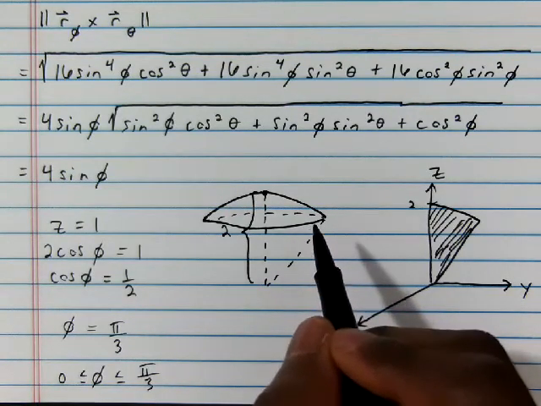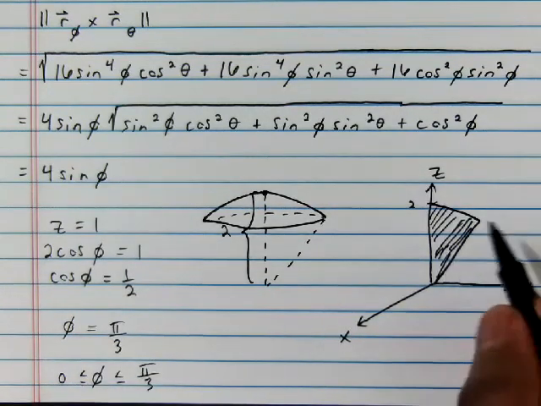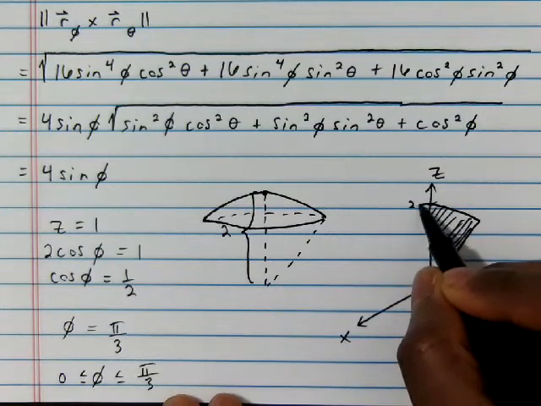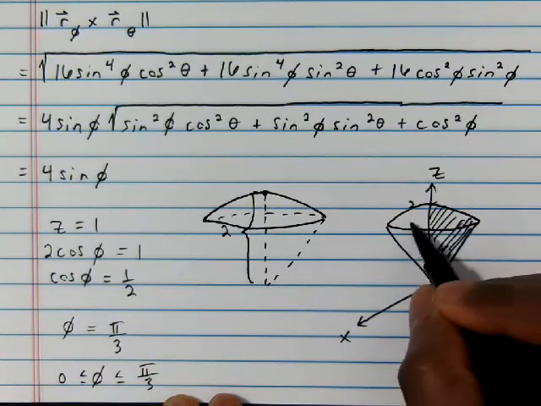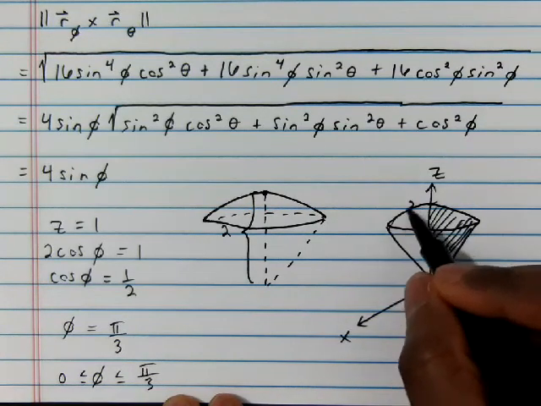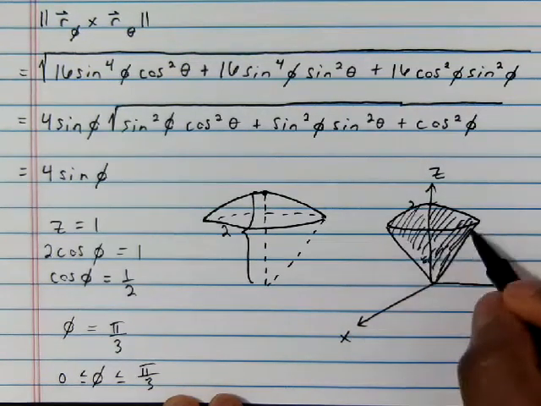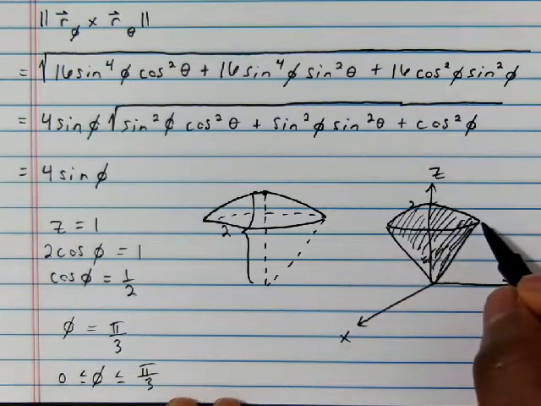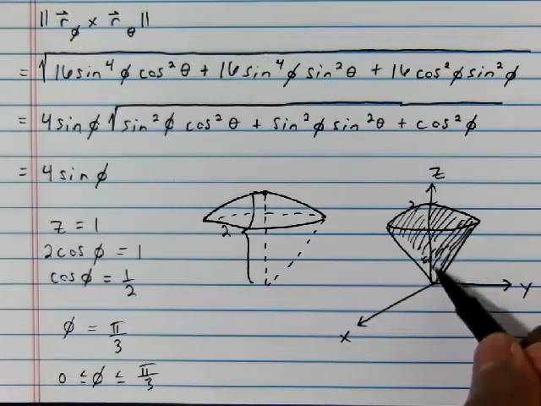So that's why this that we're accustomed to seeing over here, which we would spin around and it would give us a cone, usually we'll get this thing. It will give us a cone, of course, with the portion of the sphere on top. But this is where rho varies from 0 to 2.